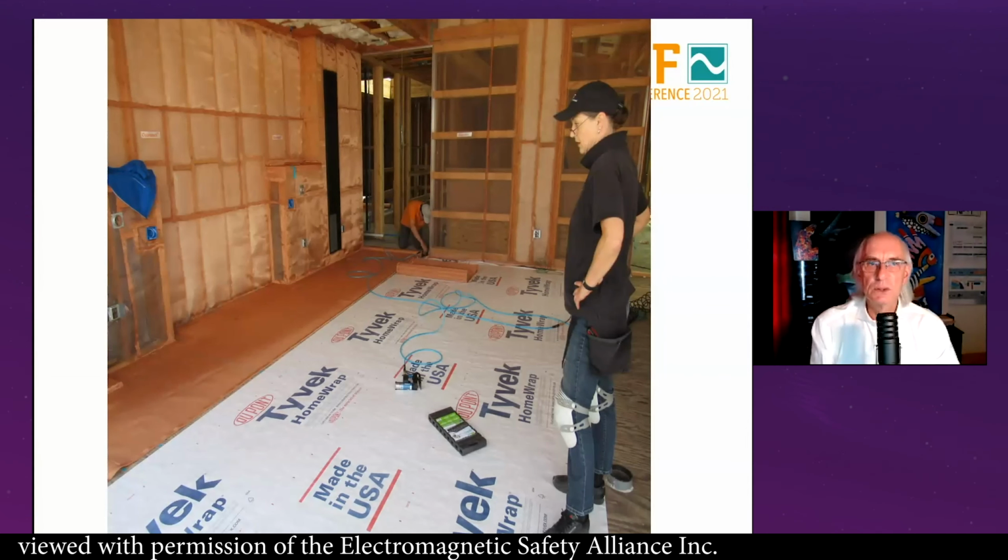So this is a new construction, and the owner says, I want an EMF sanctuary. I don't want to address the rest of my house, but I want to address the master bedroom. And I want to have it shielded against radio frequencies, against electric fields, and against dirty electricity.